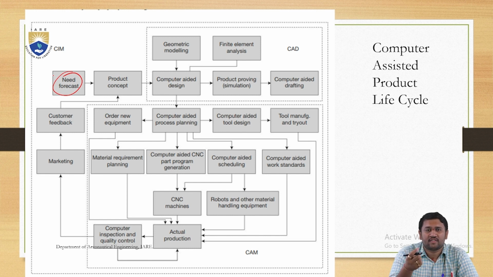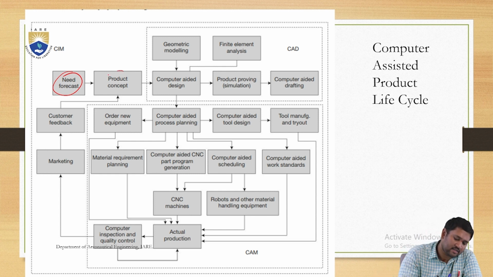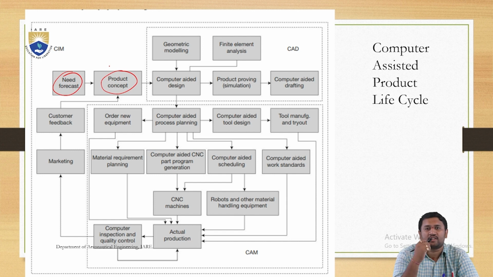I can forecast that a particular amount of product is necessary during a particular period of time, because there was a shortage earlier in the year, so I can see there is a requirement for a particular product. According to that, I can conceptualize my product to understand how well the product should be able to satisfy the needs that are required.